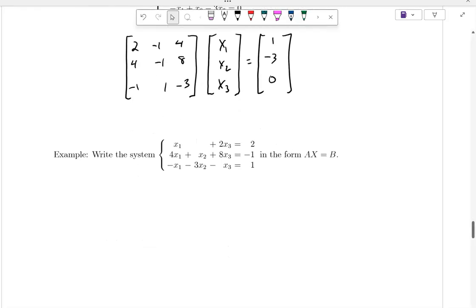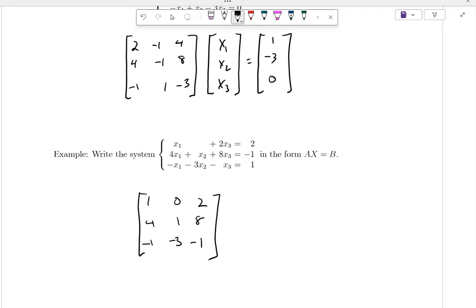All right, you tell me the next one. What should be the big matrix first? Good. Those are just the coefficients on the x1, the x2, the x3.